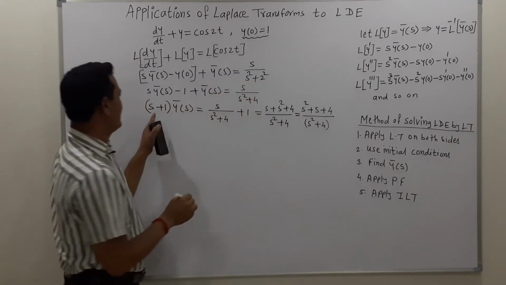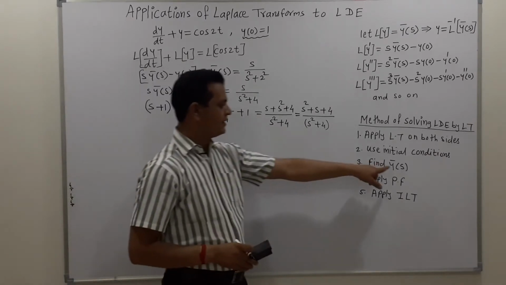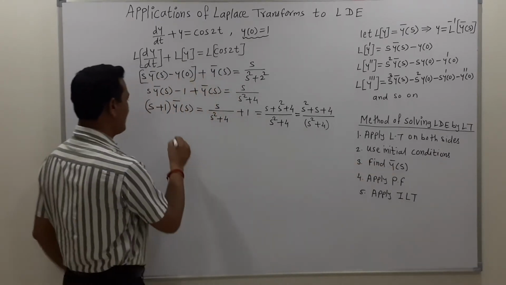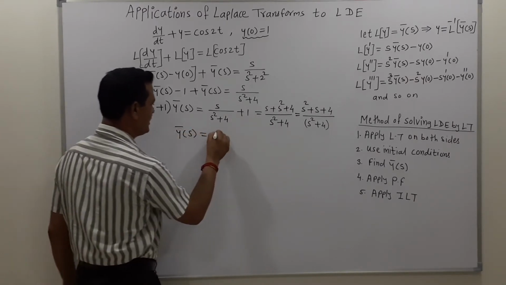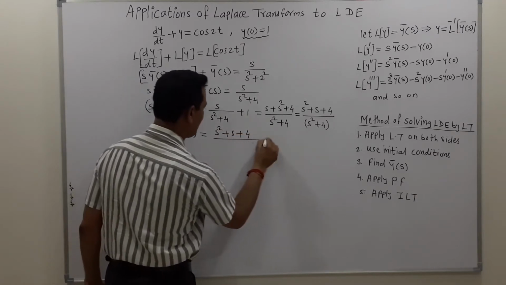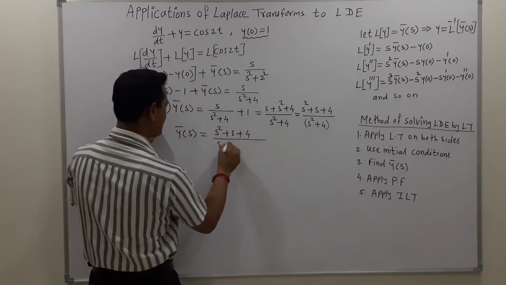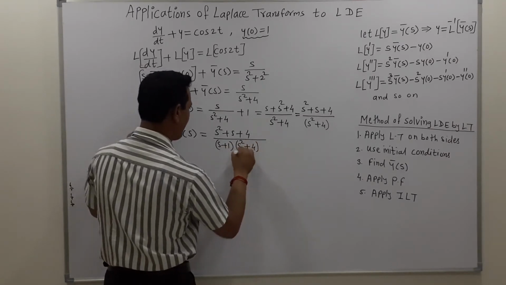So friends, this is the value of (s plus 1) into y bar of s, but we require the value of y bar of s. So we can rewrite this as y bar of s is equal to s square plus s plus 4 divided by (s plus 1) into (s square plus 4).